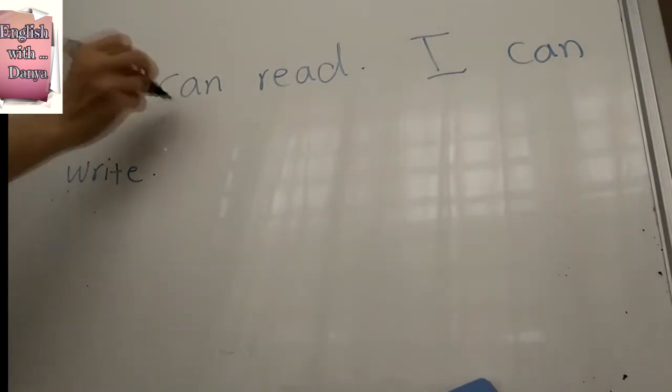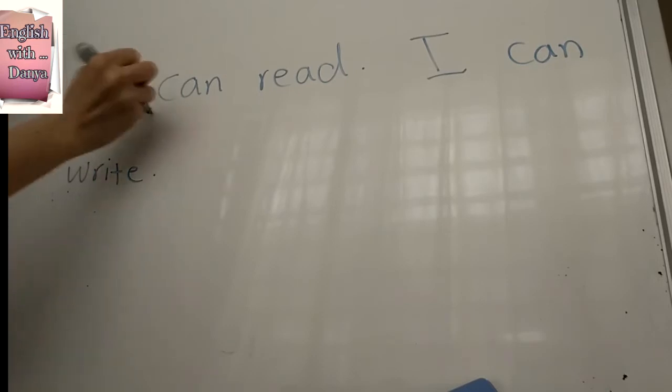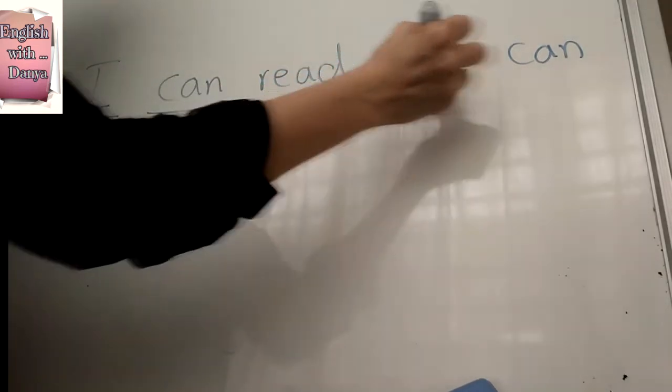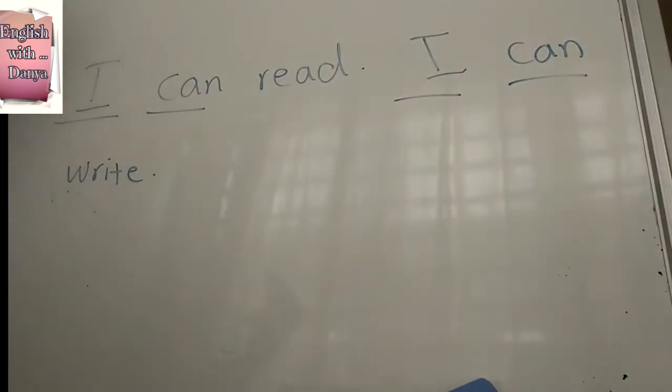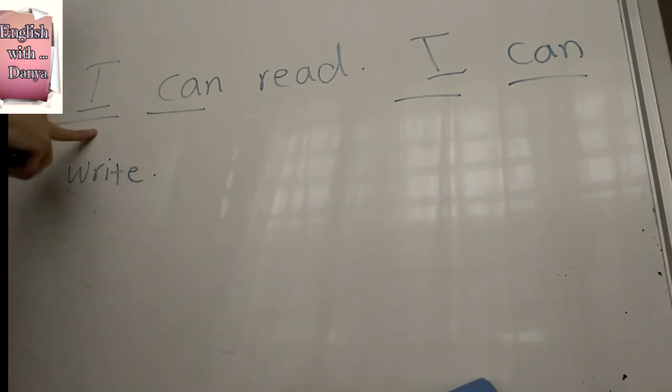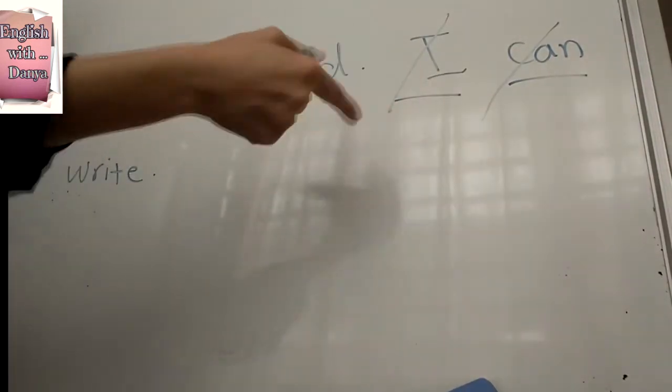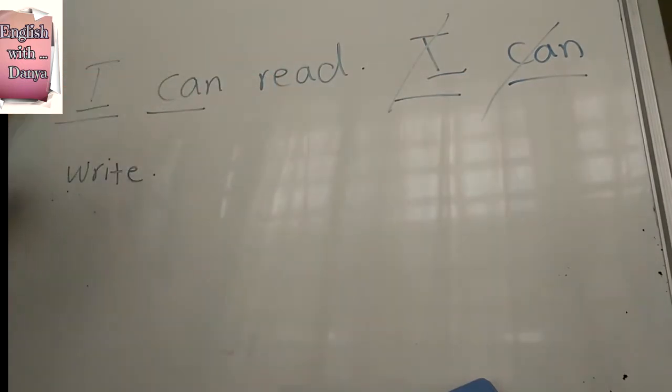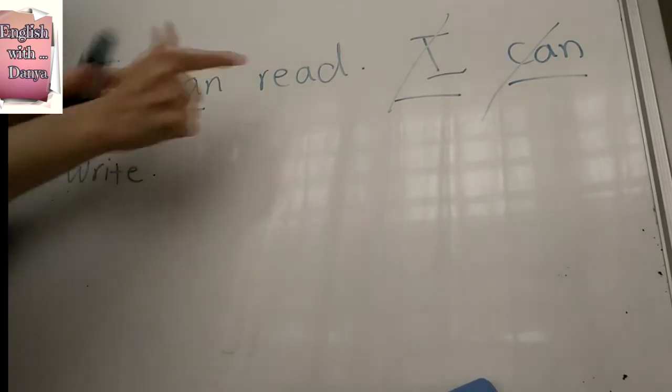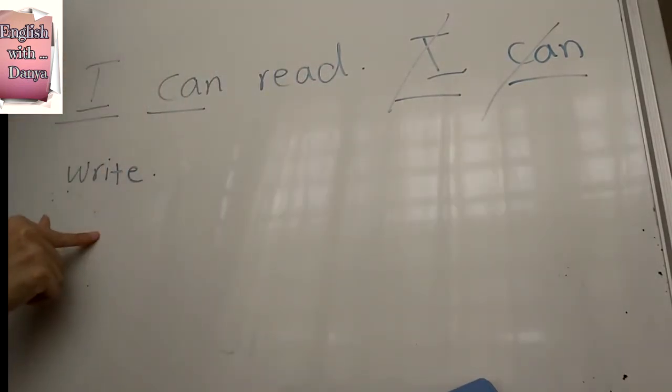Now, do you see the connection? Like here we have I can, subject, verb, and then here as well we have subject and we have verb. So because we have the same subject, like here I can, so what to do? We just cancel them both, and we just add and. Why? Because we are talking about the same person who can read and write.